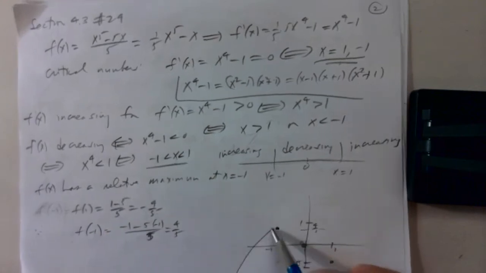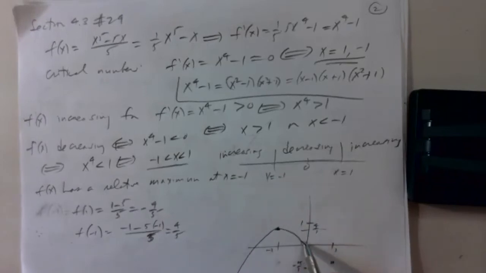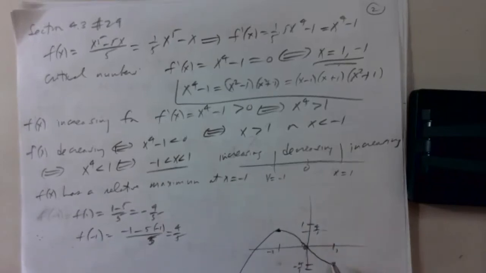The function is increasing till it gets to -1, decreasing till it gets to 1, and then increasing again.